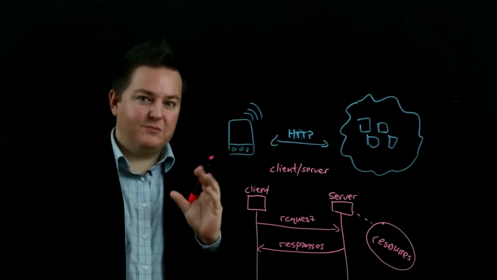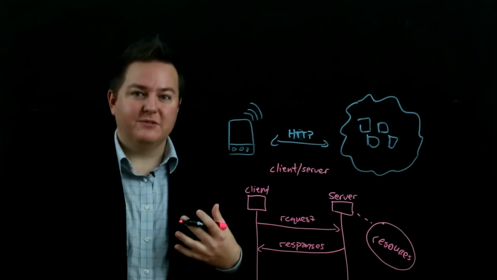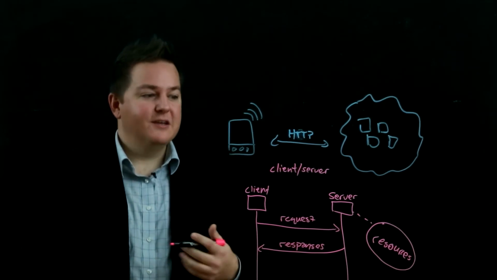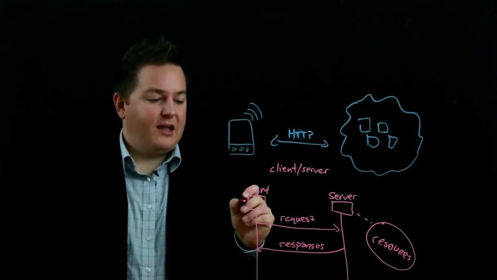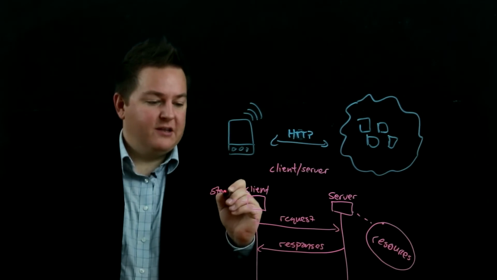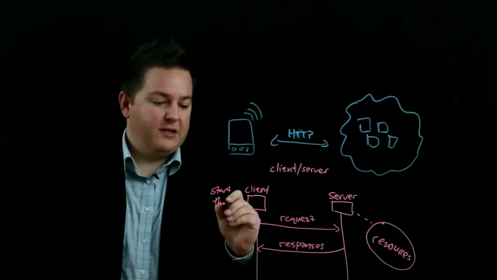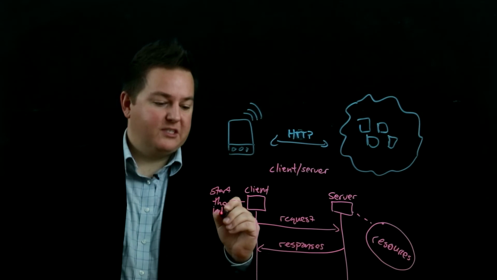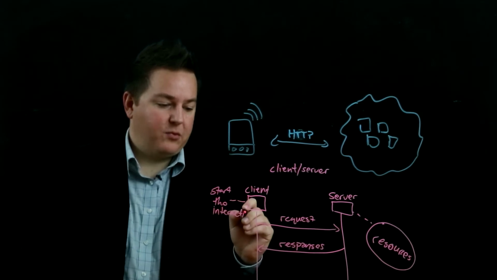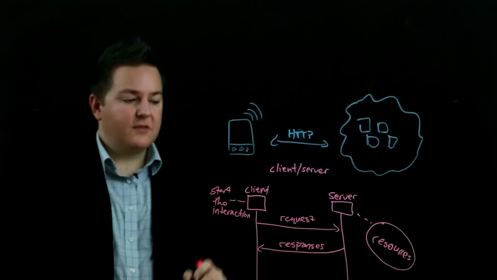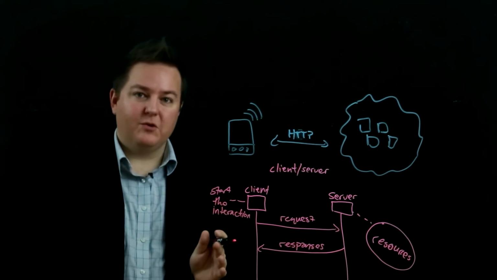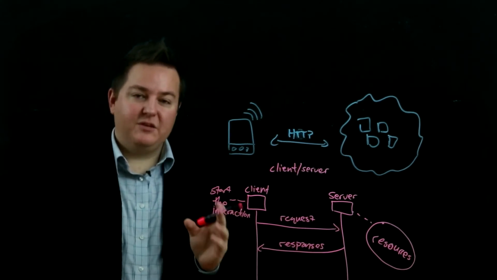And there are some changes to this with newer things like WebSockets that we'll talk about later in this course. But in general, the client will always start the interaction, and the server will receive the interactions and process them. So this is the fundamental way that HTTP works.